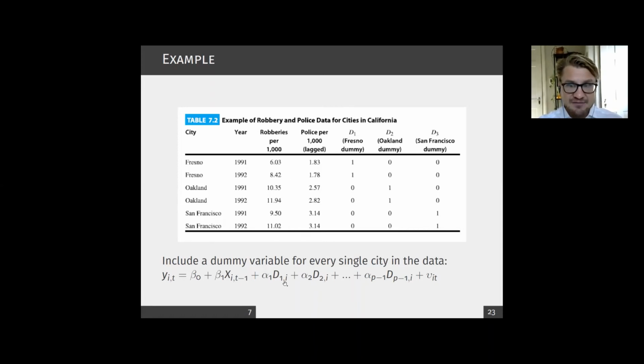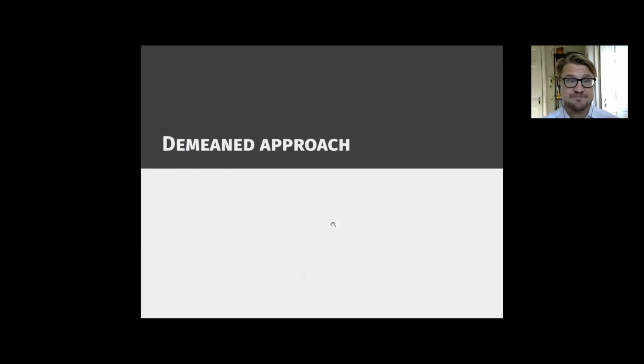Then you throw in a dummy D1 and D2. You can't throw in a dummy D3 because of perfect multicollinearity, it will just fall out. But you just throw in a bunch of dummy variables for every single city. And I will show you in person how to actually do this in practice in Stata.